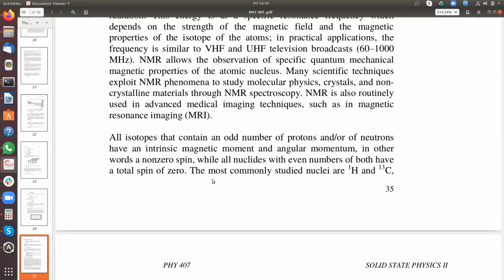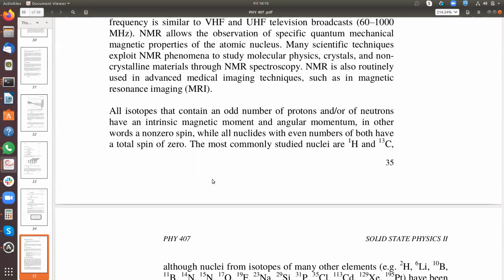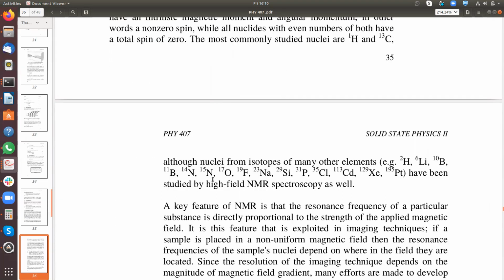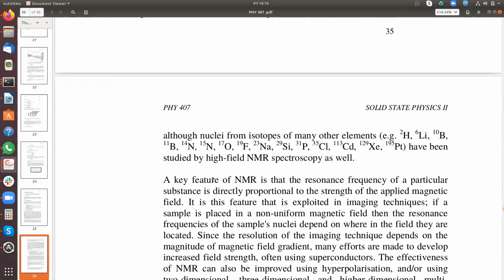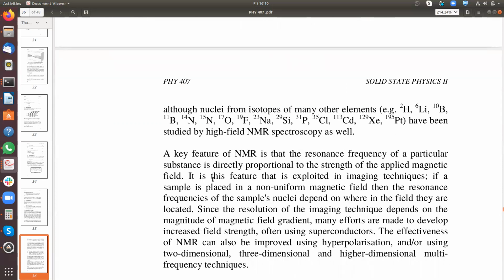The most commonly studied nuclei are deuterium and carbon-13, although the nuclei from isotopes of many other elements, that is hydrogen, lithium, boron, nitrogen, oxygen, fluorine, sodium, silicon, phosphorus, chlorine, xenon, and platinum, have been studied using advanced techniques of NMR spectroscopy. All these are just some of the things that we can use nuclear magnetic resonance to investigate.